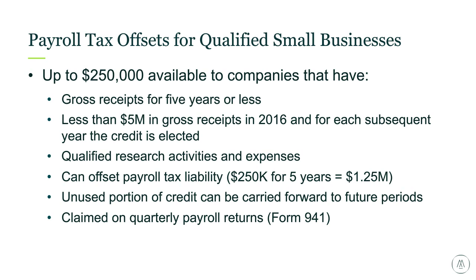It's important to note that the payroll offset benefit starts the first calendar quarter after the federal tax return is filed. So there is a form to elect this credit. It's Form 8974. It must be filed timely. If it is filed late, then the benefit is delayed until the next quarter starts. So you could have up to a 3-month wait for that benefit.